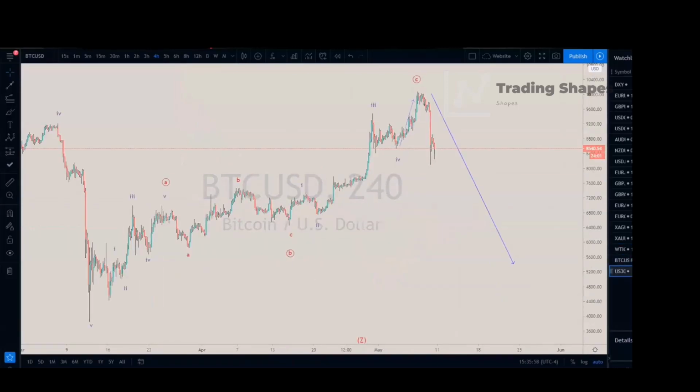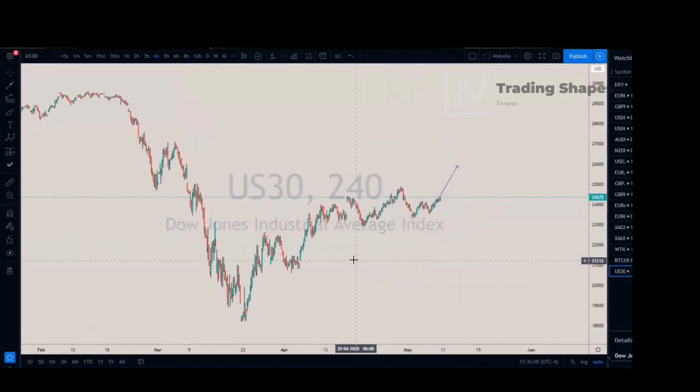BTC, explained that. This one, I got the following. A, B, C. One more up and then down.